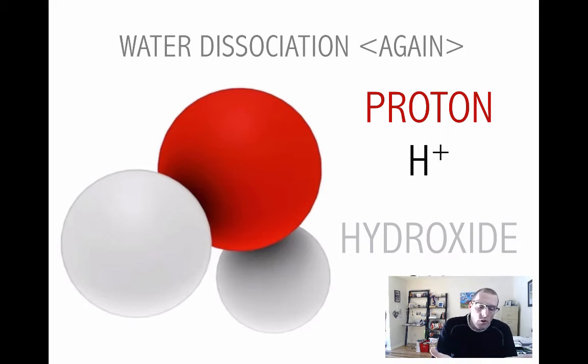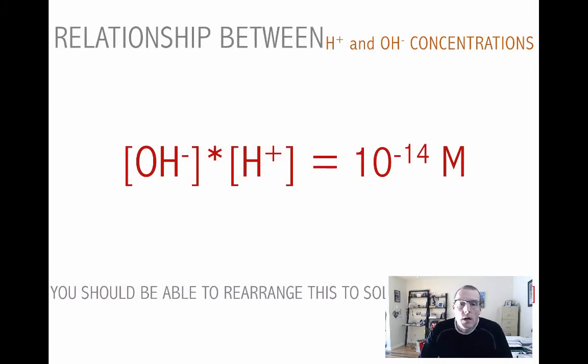And so the way that we look at the relationship between those is we multiply the proton concentration by the hydroxide concentration, which you can see here in this next slide. So we've got on the left the concentration of hydroxide ions multiplied by the concentration of protons. And remember this is pure water, so we'll start off with that as an example.